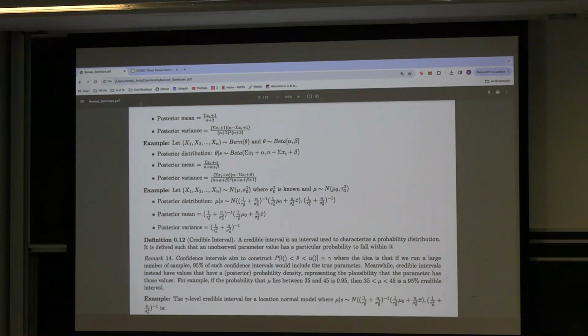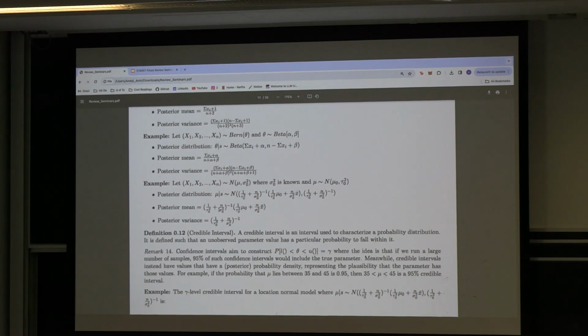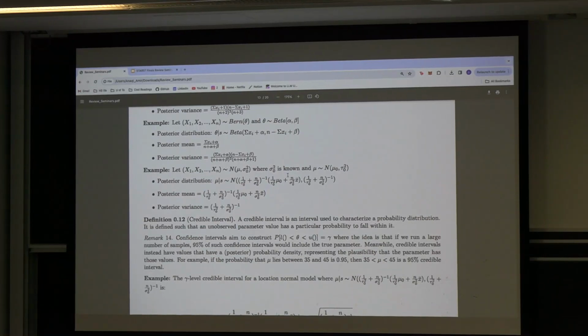Moving on, some other examples include if the prior is distributed in a beta distribution, and then you will get this posterior instead. Another one would be if the data is distributed normally where the variance is known, and you're trying to find mu, the average, and you have the prior of mu being distributed normally as well, with mu naught and tau naught as its variance.